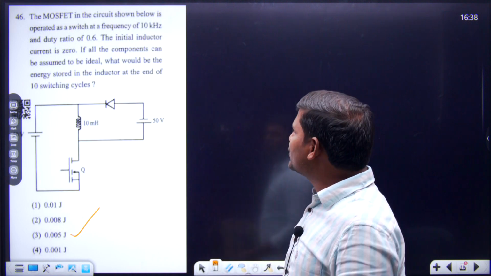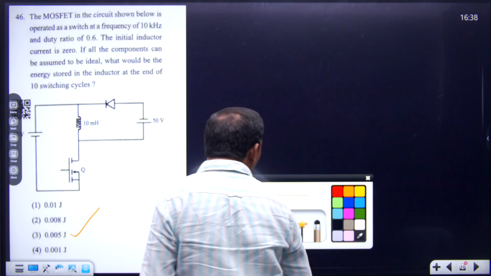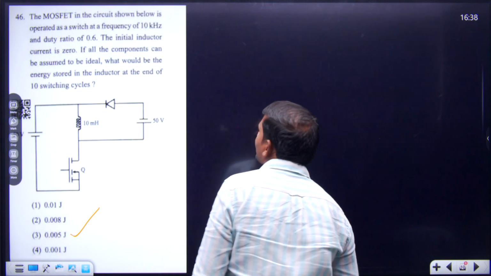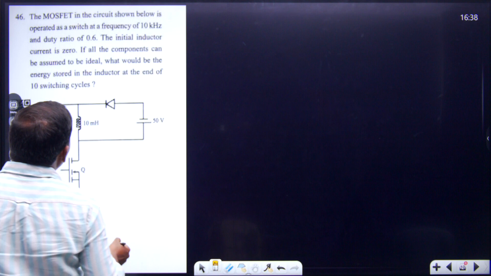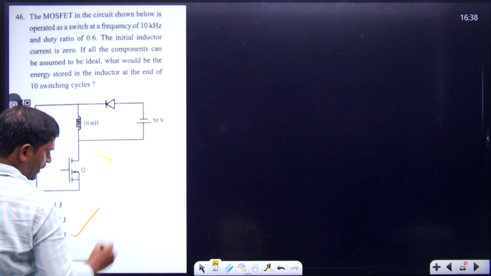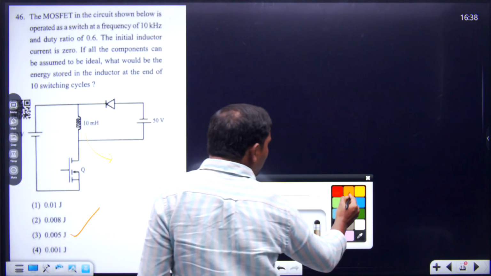Then how to answer this question? It's a very simple explanation, you have to concentrate. Which regulator is given, students? The given regulator is a buck boost regulator.